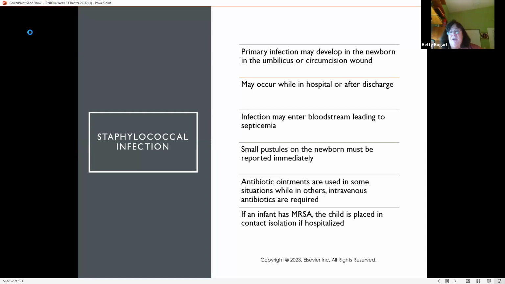Whenever we see rashes and pustules on infants, we should tell the healthcare provider. Sometimes we'll use ointments, sometimes oral, sometimes antibiotics intravenously, depending on what infection it is. Now, MRSA, methicillin-resistant Staph aureus, is a big deal.